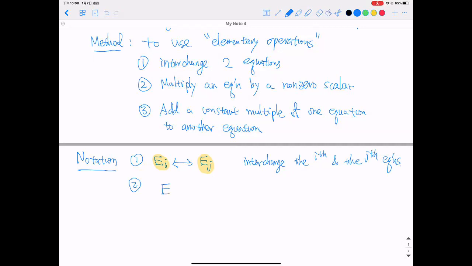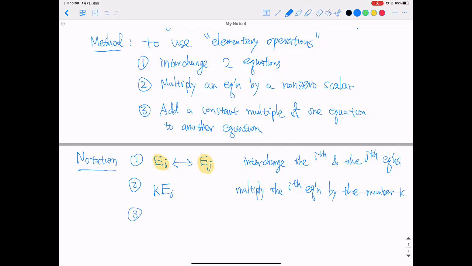Say we have the i-th equation Ei and a scalar K. Then this symbol K Ei represents multiplying the i-th equation by the number K.